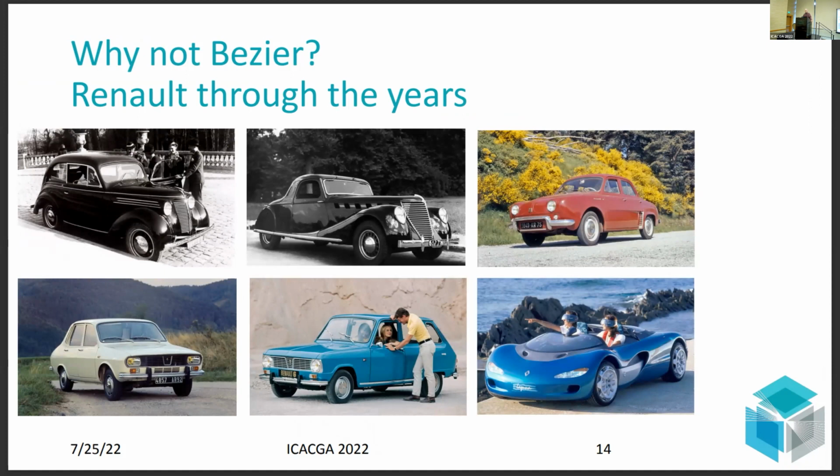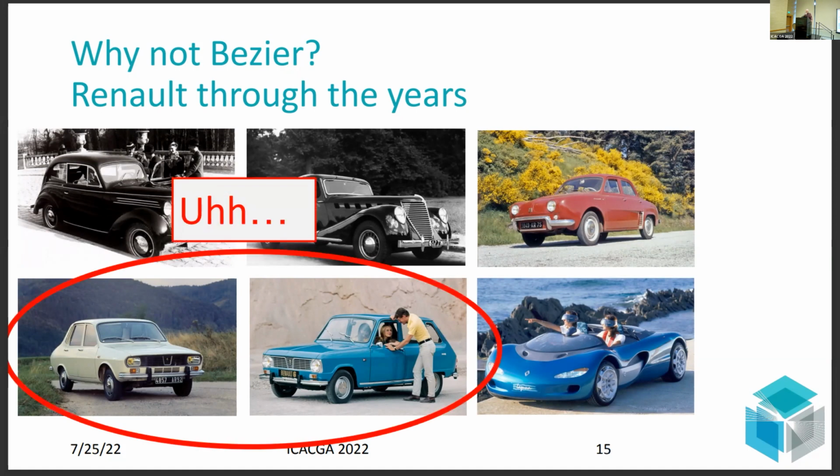Can you pick out the years that Bezier's Unisurf was designing Renaults? You know that people buy cars based on how they look, on curb appeal. I don't care what you think about reliability and power or whatever. Car companies know you buy cars on curb appeal.